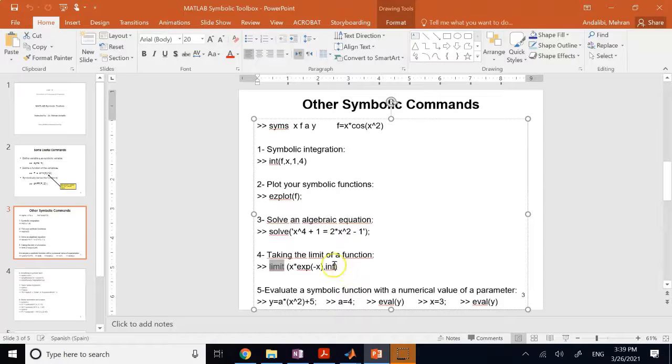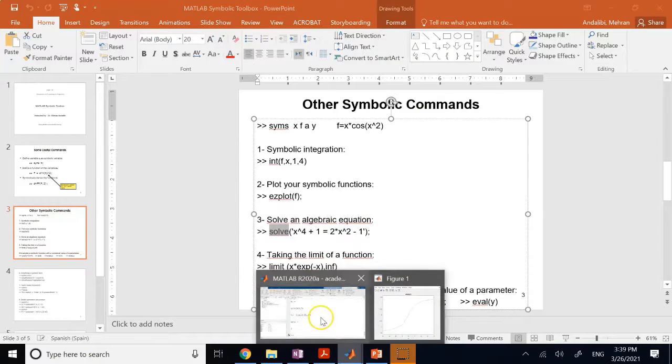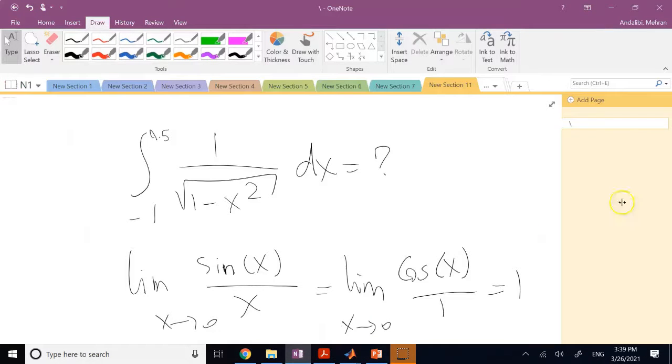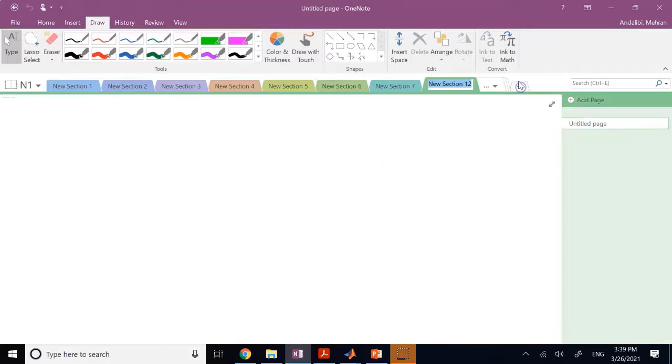What else? Solve. Here you have an algebraic equation and you want to find the roots of that algebraic equation, if it's possible. Look what it does. For example, let's say I have an equation like this: x to the 4 minus x cubed plus 2x plus 5 equals 0.